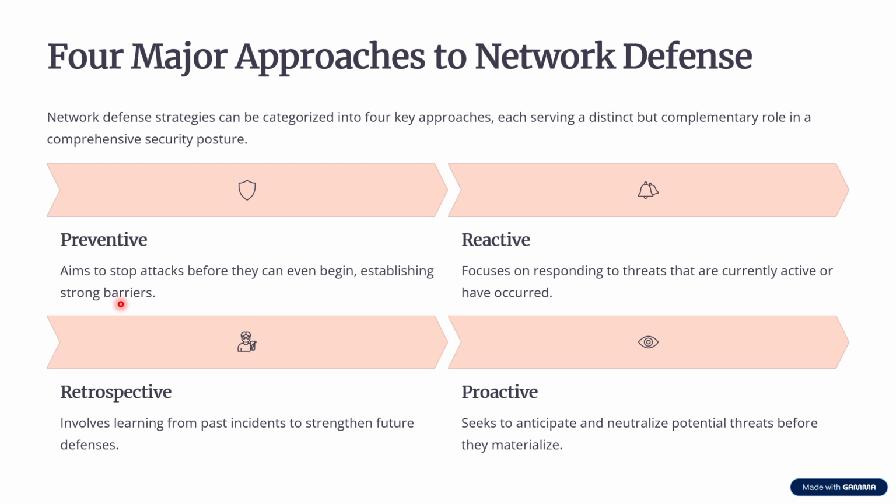The first step will be to cut it off from your network, so it should not spread from one PC to another and another. That's the reactive approach. First, we try to prevent, but we can't prevent every attack in just one day. It takes time. So we react in case any mishap happens.